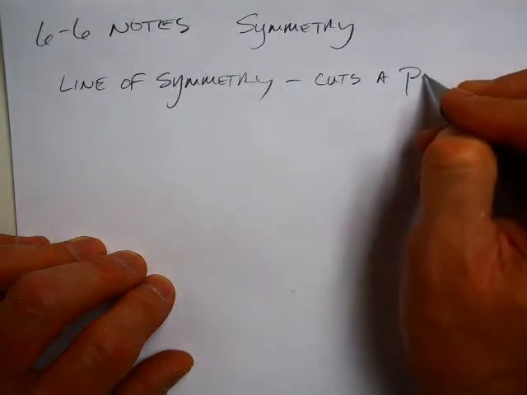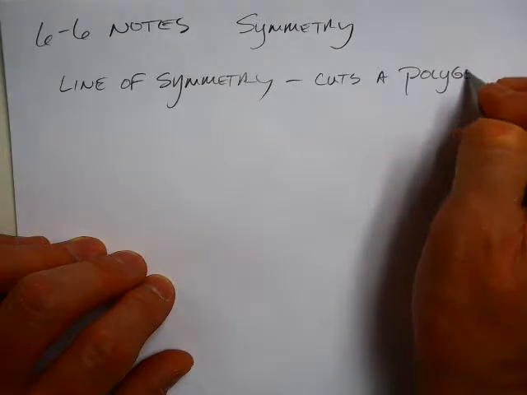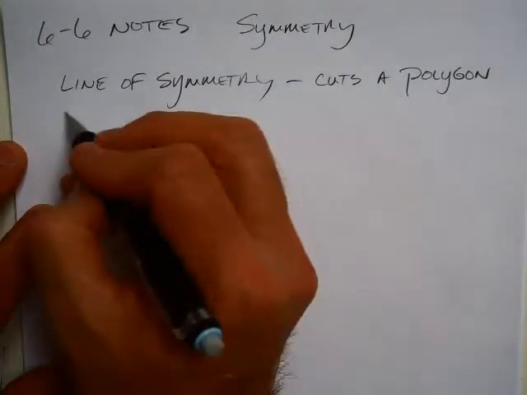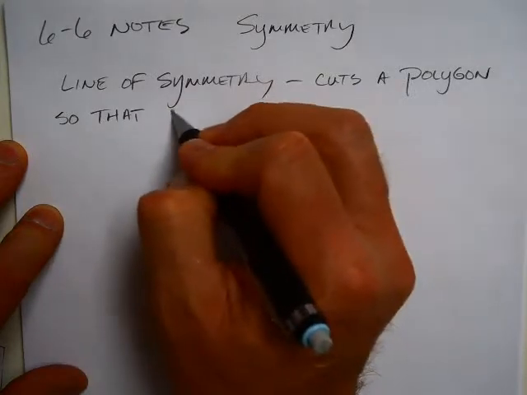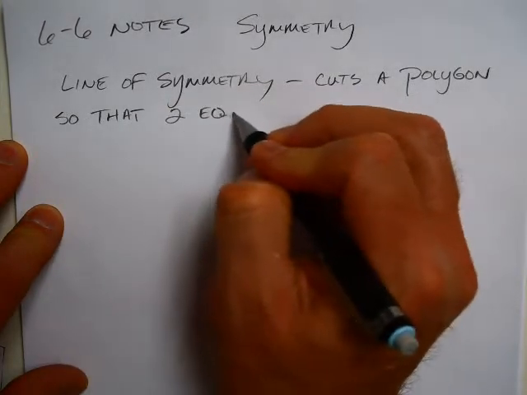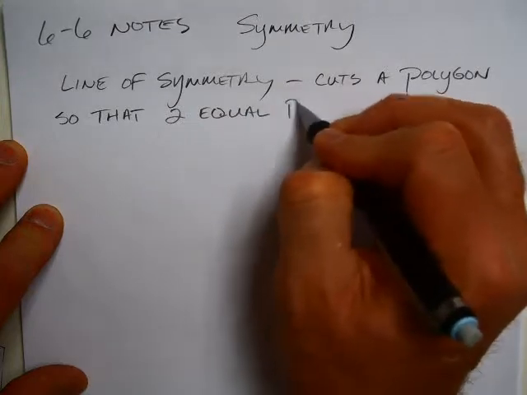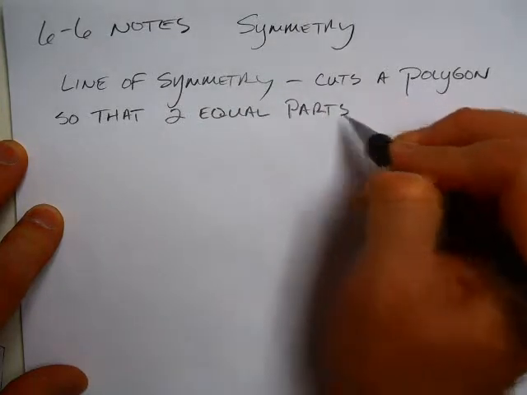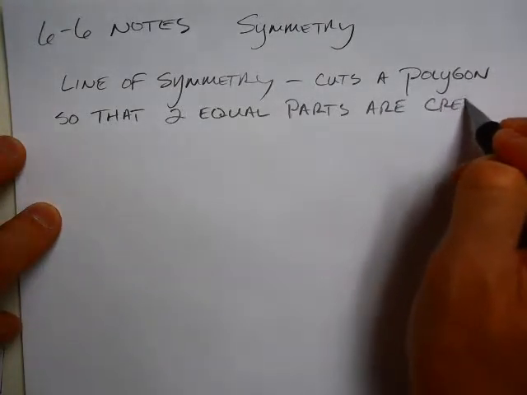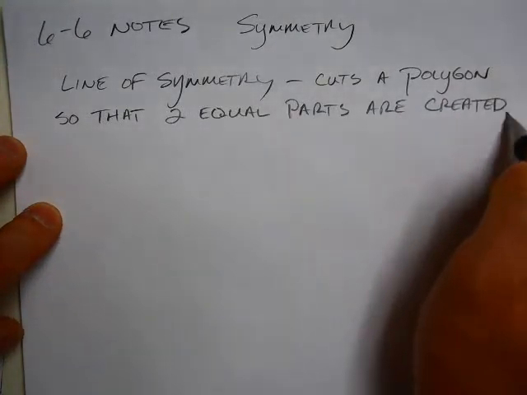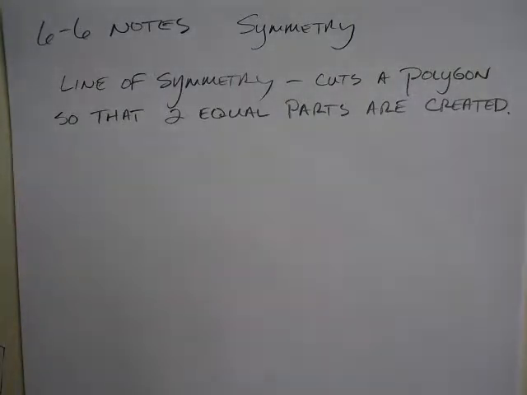Let's say polygon instead of shape. So that's kind of your generic term. That's your line of symmetry.